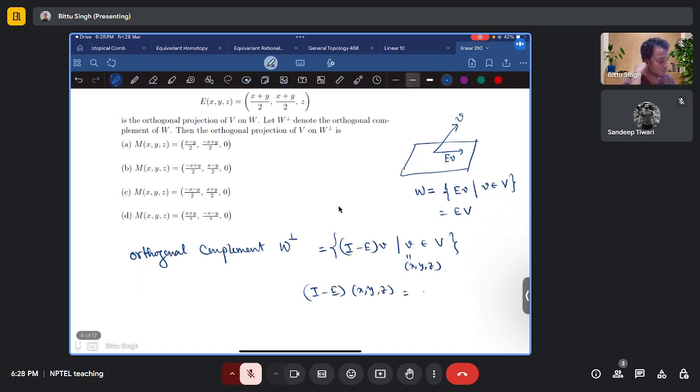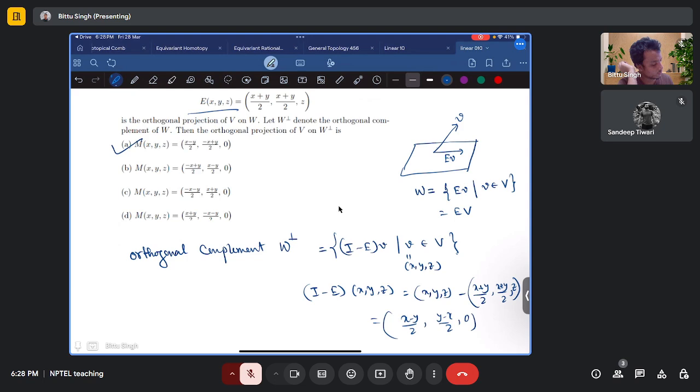This is the same as (x, y, z) minus ((x plus y)/2, (x plus y)/2, z), by this definition. Subtracting this gives us ((x minus y)/2, (y minus x)/2, 0). So this is the correct answer.